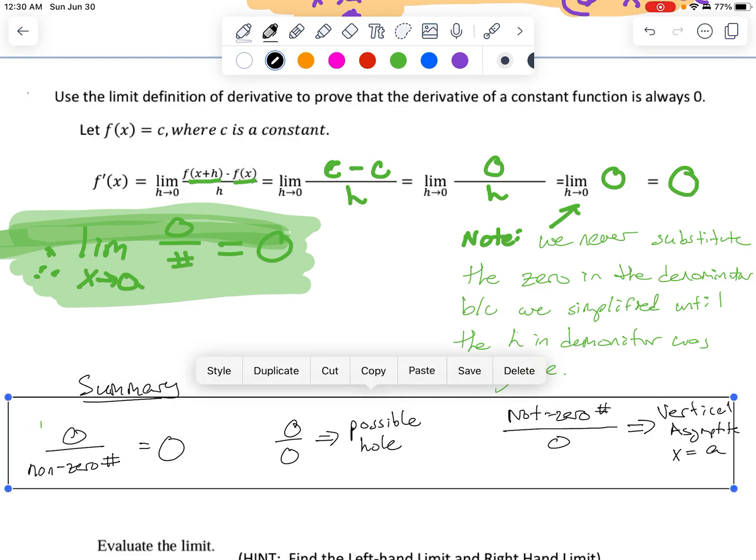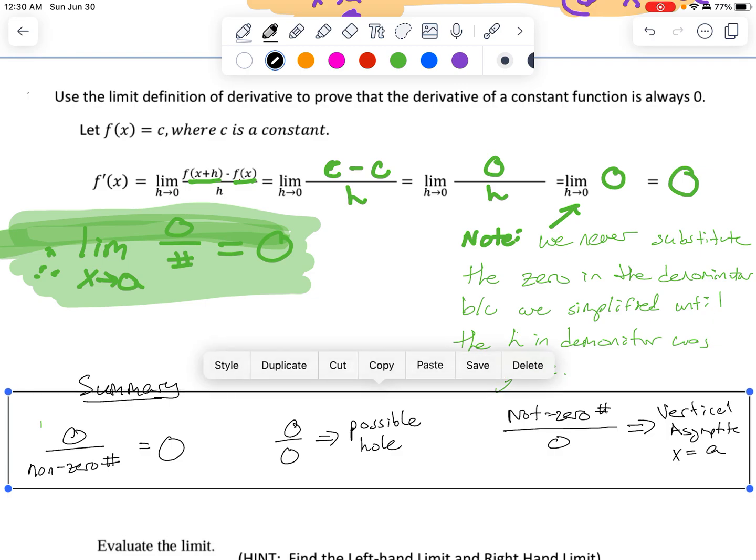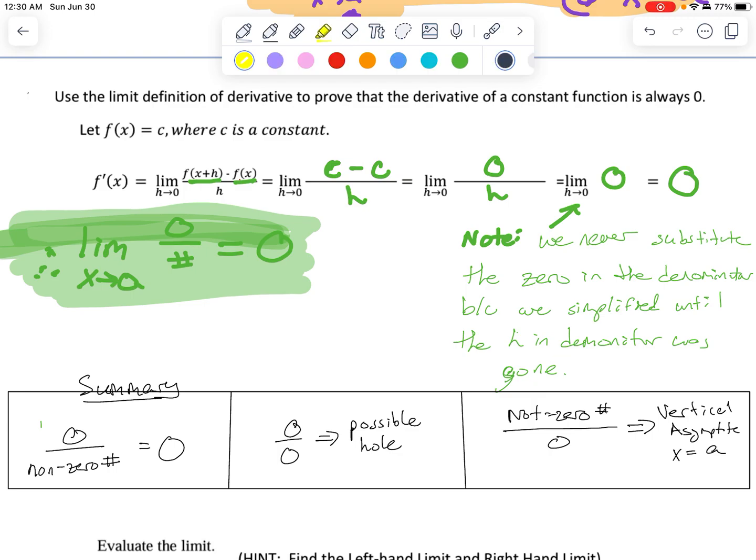So these are the three things that help us with these limits that are 0 or infinity. So possible hole, that means that there's some factor, x minus a, that's in both the numerator and the denominator.